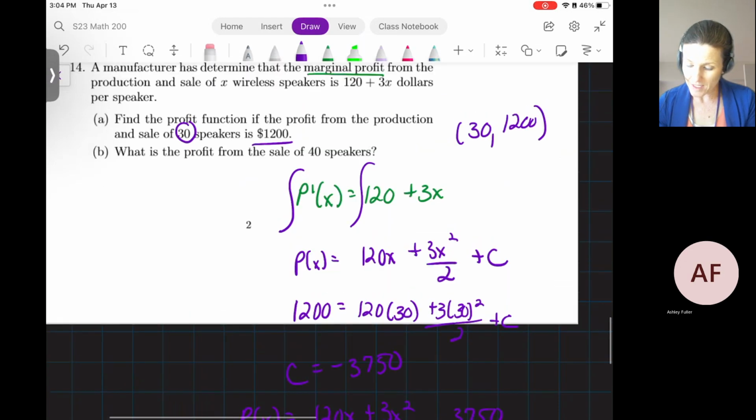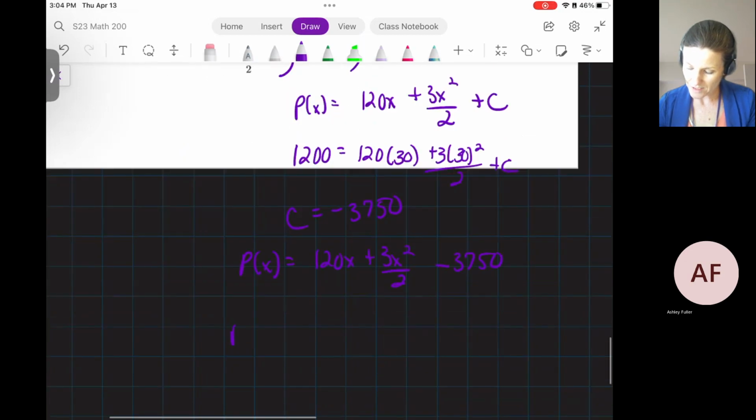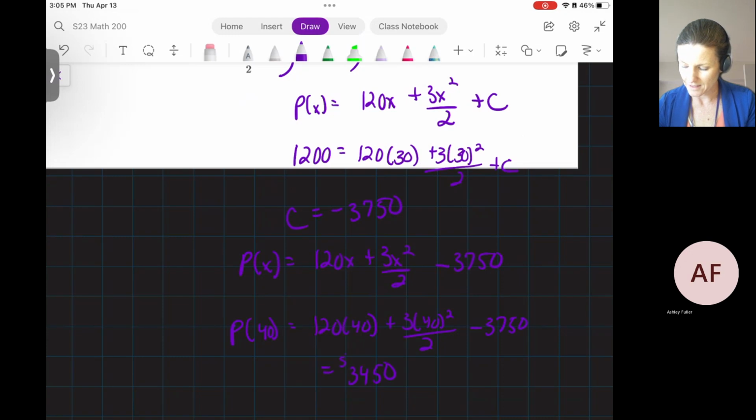And then in part B, if we want to know the profit from 40 speakers, all we have to do is plug in our 40 for our x value, giving us a value of $3,450 when we sell 40 speakers.